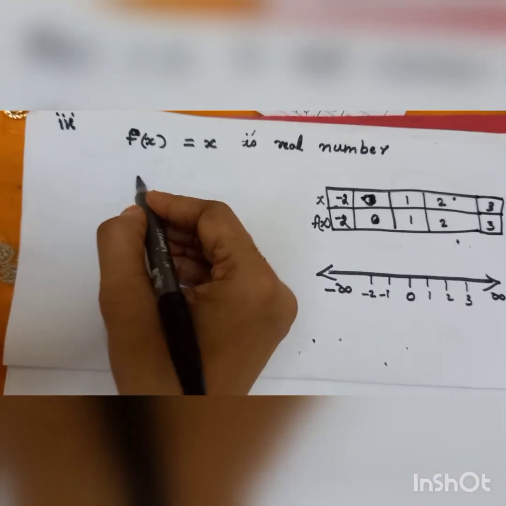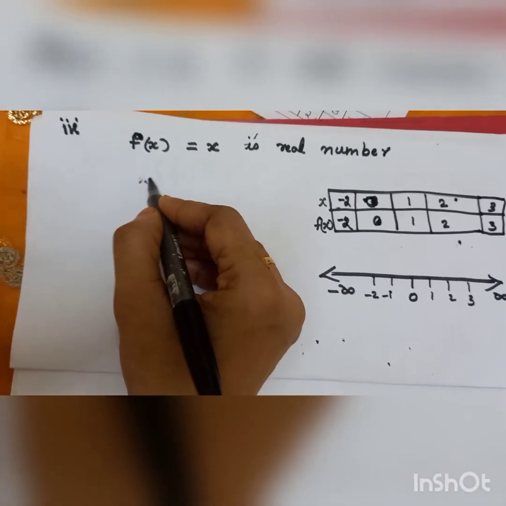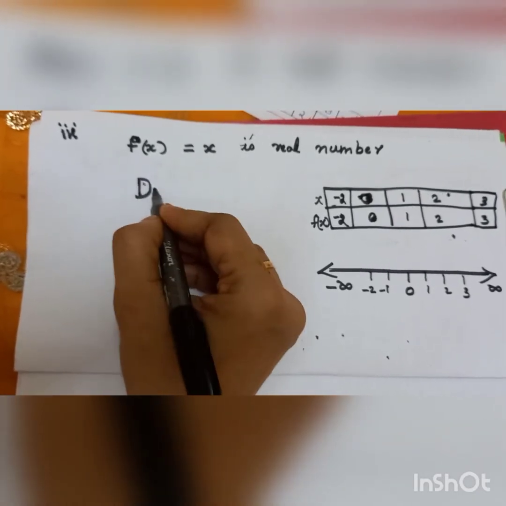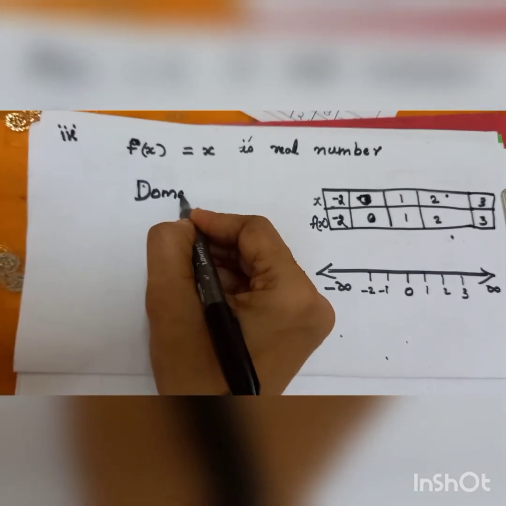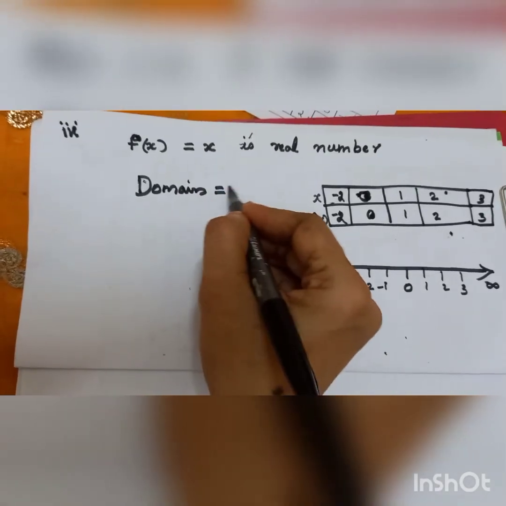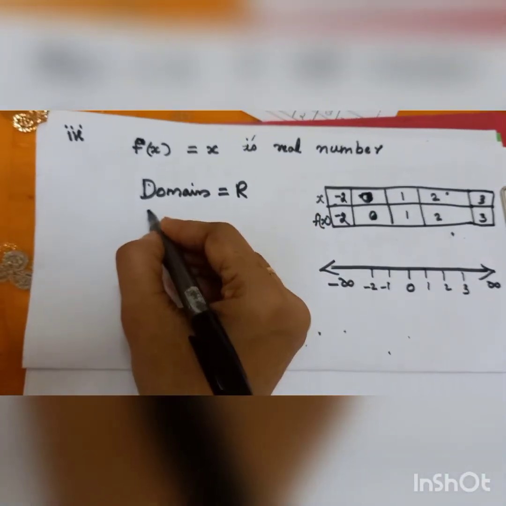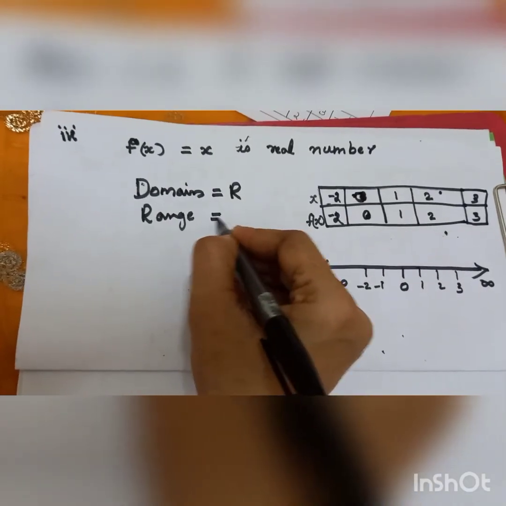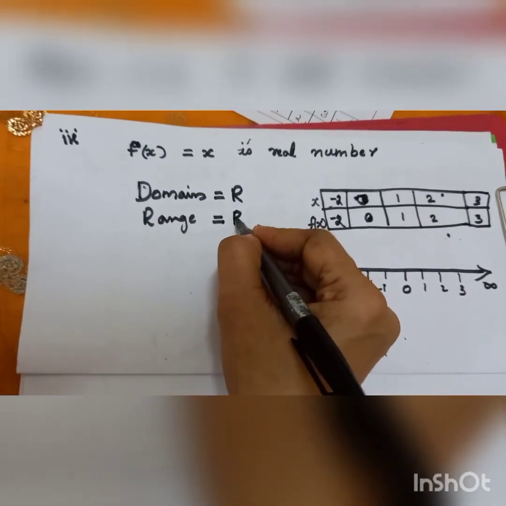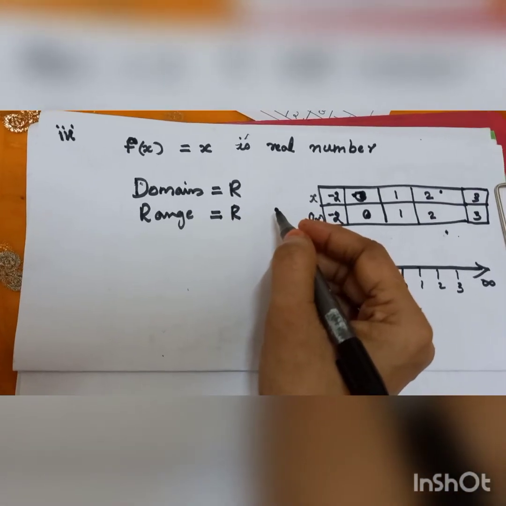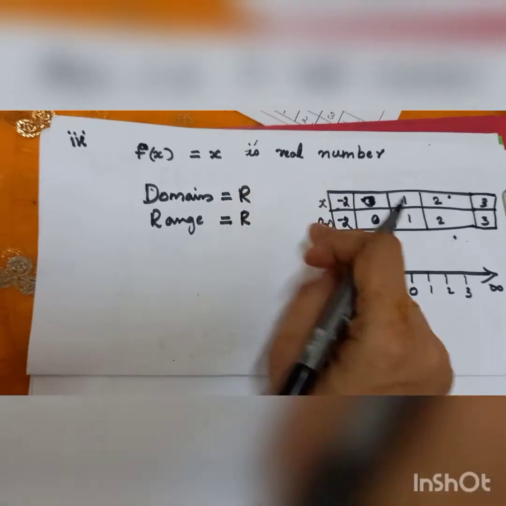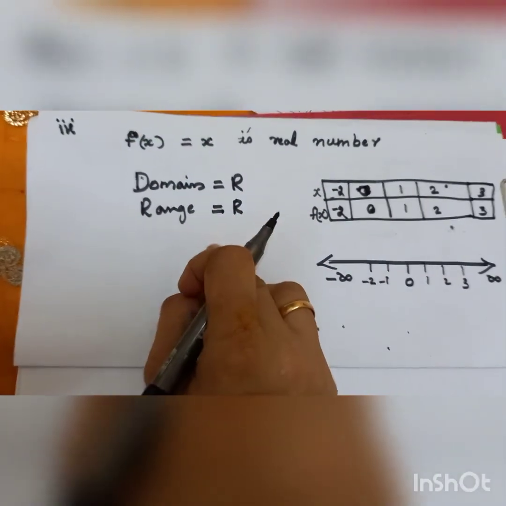So y is equal to f of x is equal to x. What is the domain here? Domain is all real numbers. Range is also all real numbers, because f of x is equal to x.